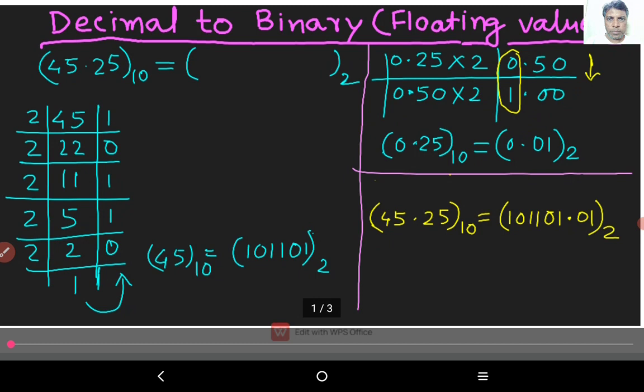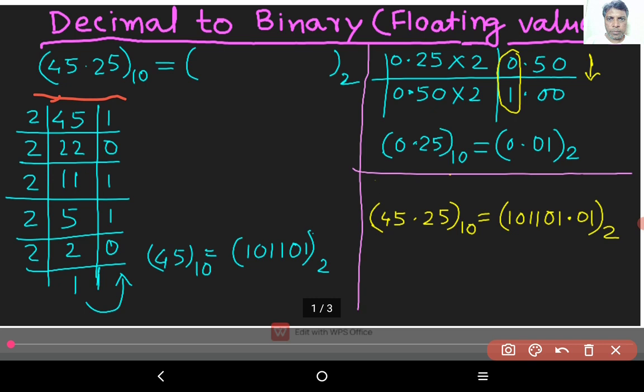In this video we are going to convert floating point numbers, meaning decimal point values, from decimal to binary. Here the first example I have taken is 45.25, and we are going to convert this point value into binary form.